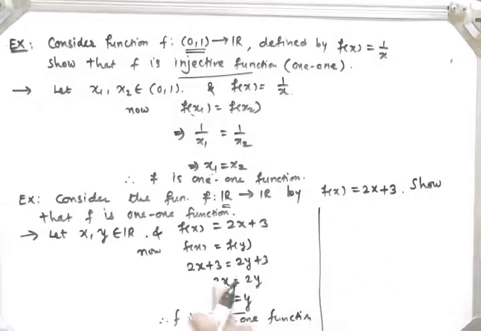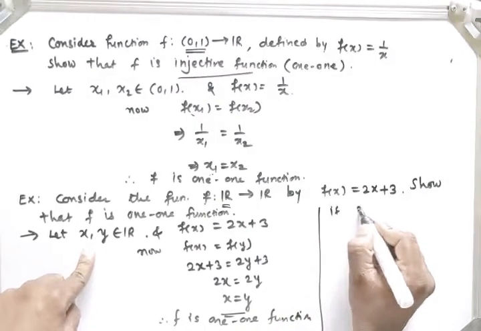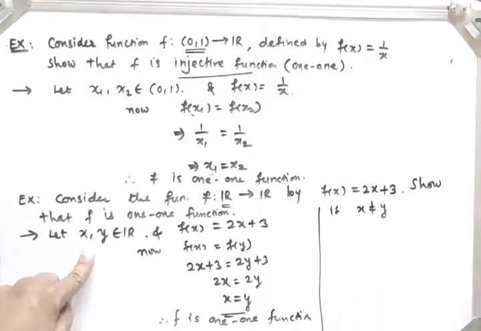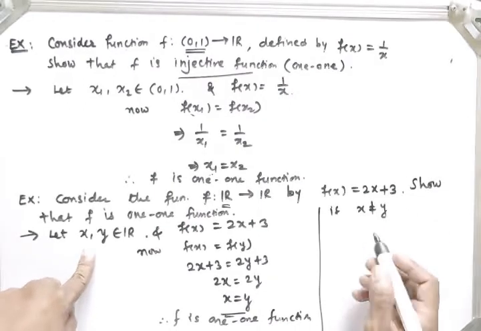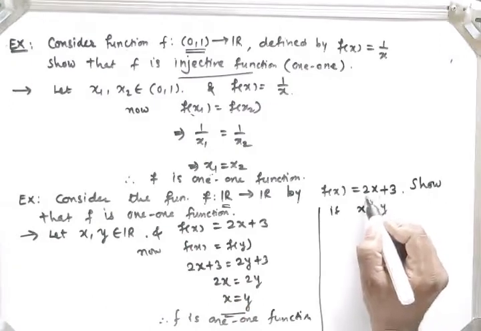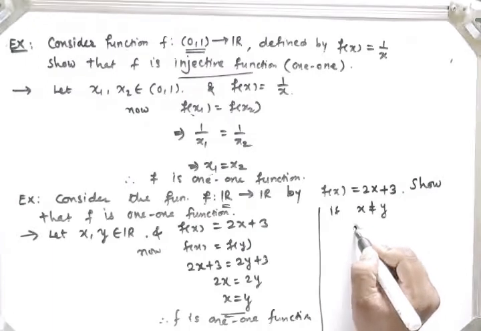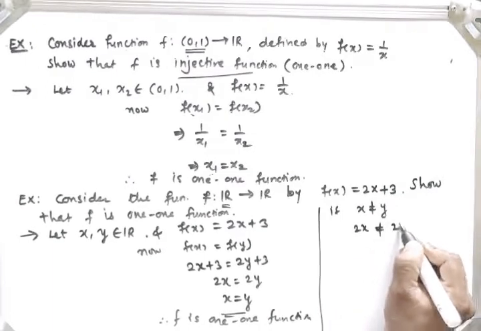So this is the first way to show f is 1-1, or you can show in other words: if x not equal to y, then show that f of x not equal to f of y. Now we have the given function, f of x is equal to 2x plus 3. Now I will multiply both sides by 2, so 2x not equal to 2y.